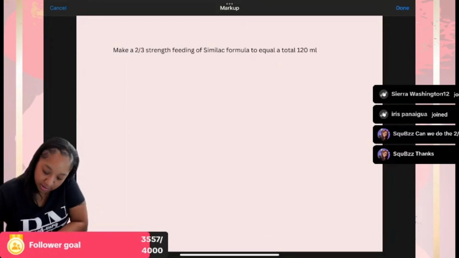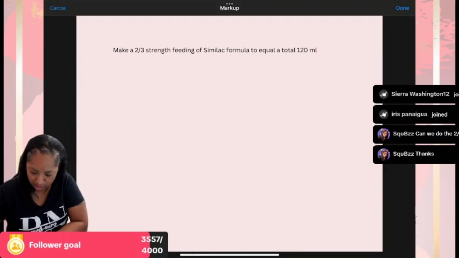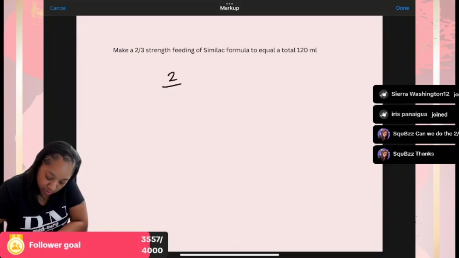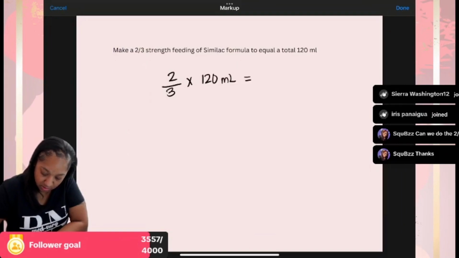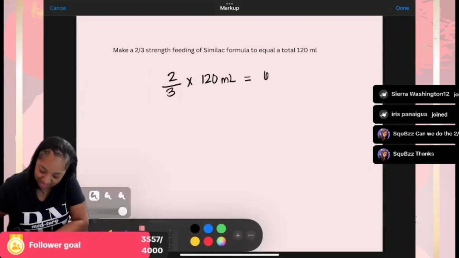So this one we got Similac, and we need to make it 2/3 of the strength of Similac. It's 120 mLs total. So you would do 2/3 of 120. So that's what, 60? That's not 60.